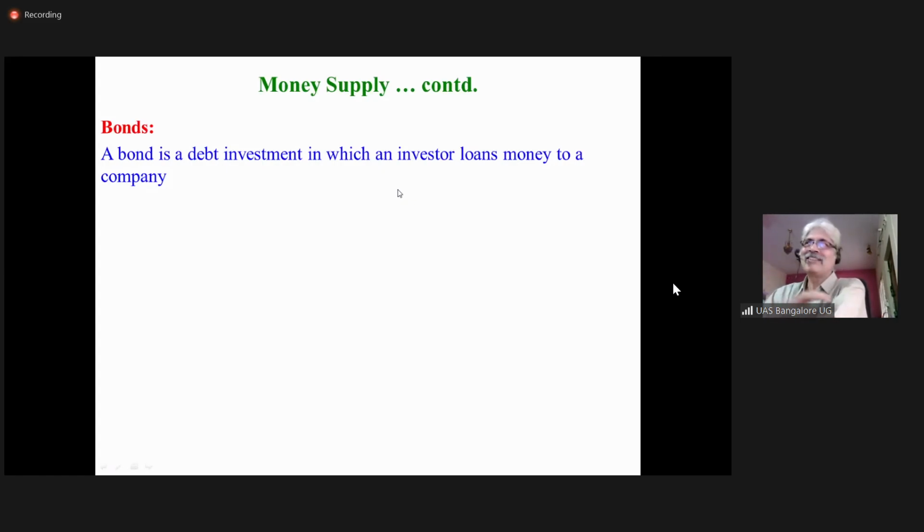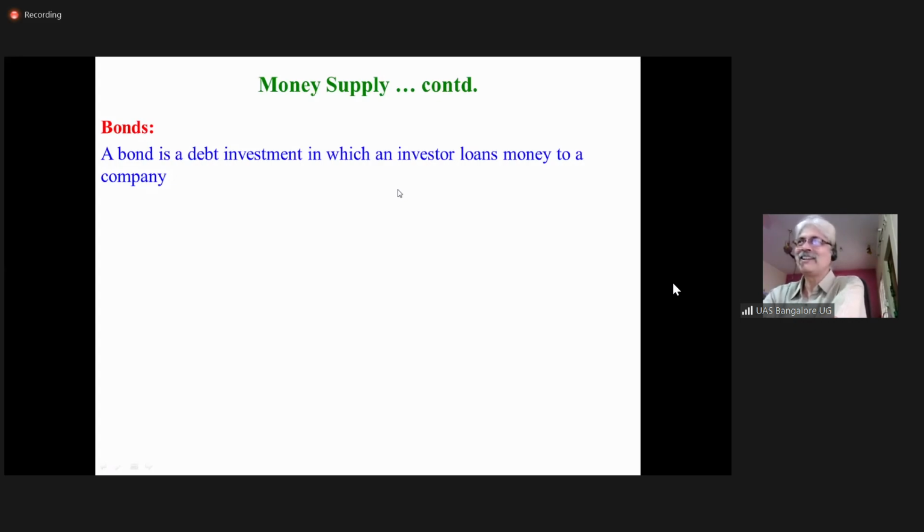Suppose the interest rate fixed is 15%. Whether the company makes 1 crore rupees profit or 10 crore rupees profit or 100 crore rupees profit, you will get only 15% on the investment you have made. Suppose each bond is worth 100 rupees. The value of each bond is 100 rupees.